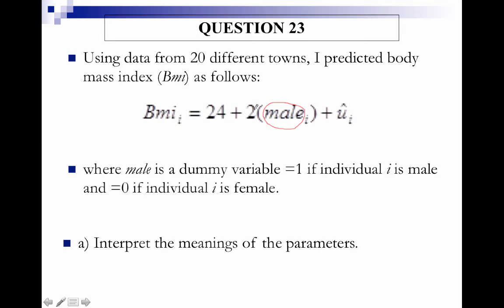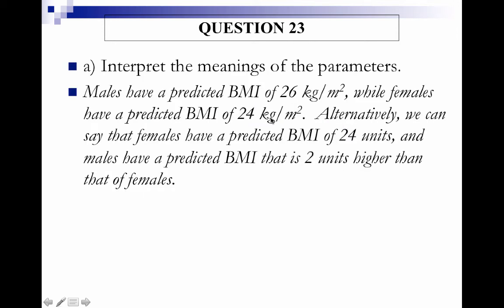For the slope, we can say, on average, males have a BMI that is 2 units higher than females. Or we can say predicted BMI is equal to 26 for males. And that's why we often call this value a differential intercept coefficient, because all it really does is change the intercept.